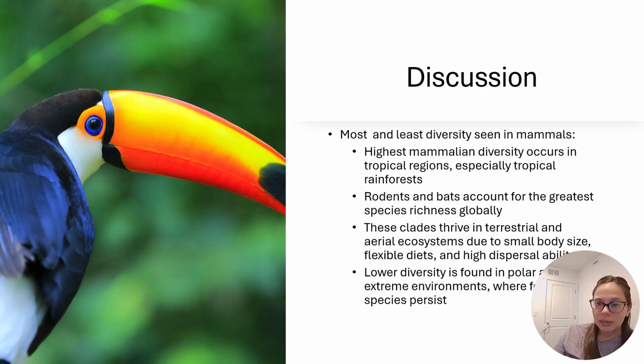The highest species richness occurs usually in tropical regions, especially in tropical rainforests, where warm temperatures, high productivity, and stable climate support many niches. Rodents and bats dominate global diversity largely because they're small and have flexible diets and high dispersal ability, which allow rapid diversification.